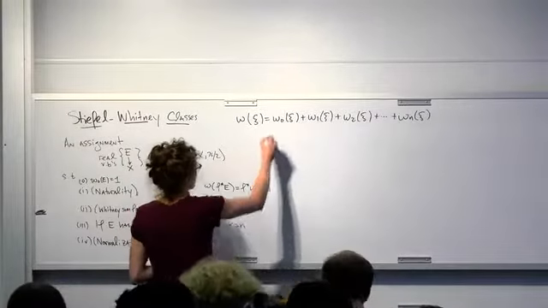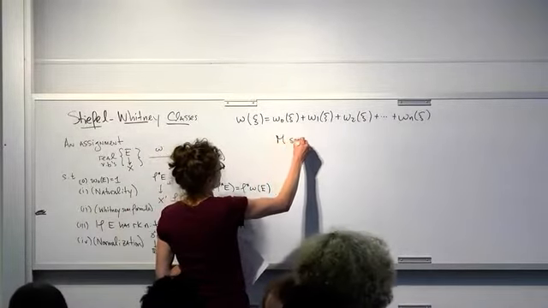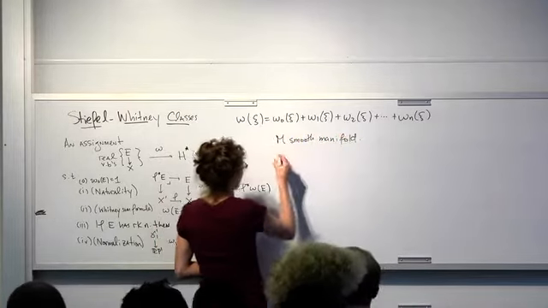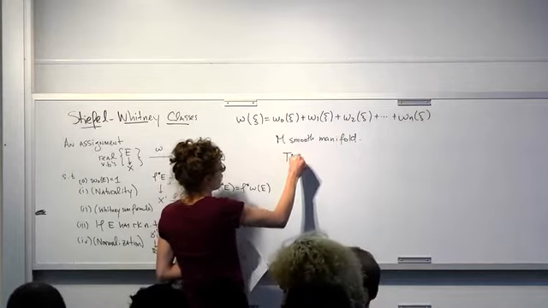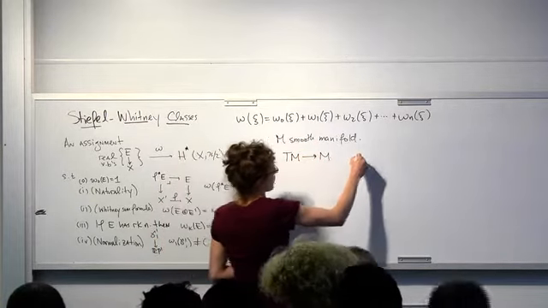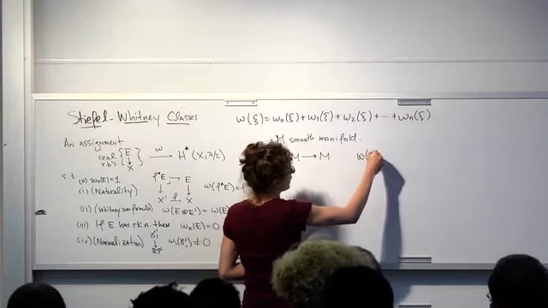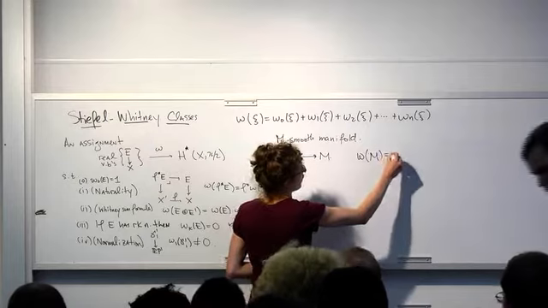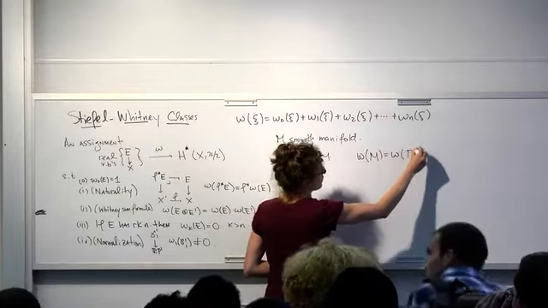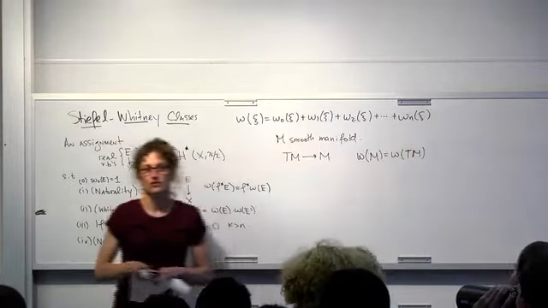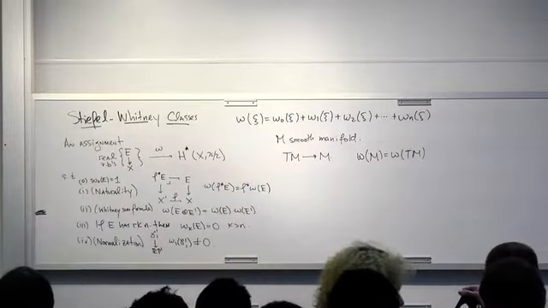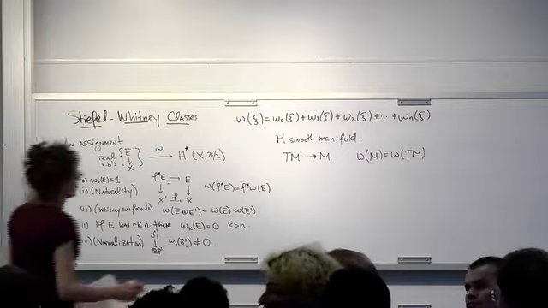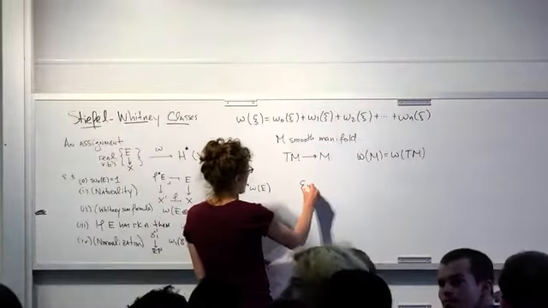And also, if M is a smooth manifold, then you have the bundle TM over M, and when I write W of M, so W of the manifold, I mean W of the tangent bundle, okay? Make sense?